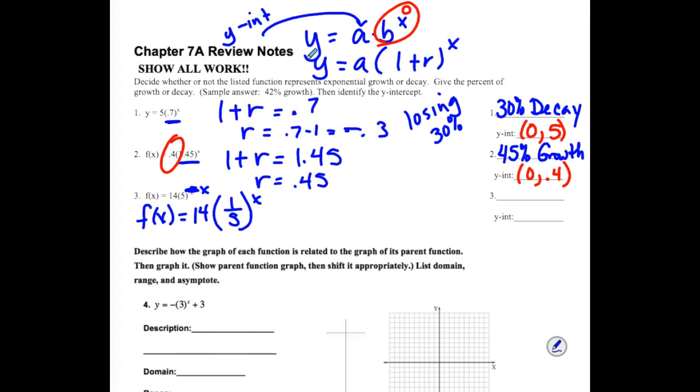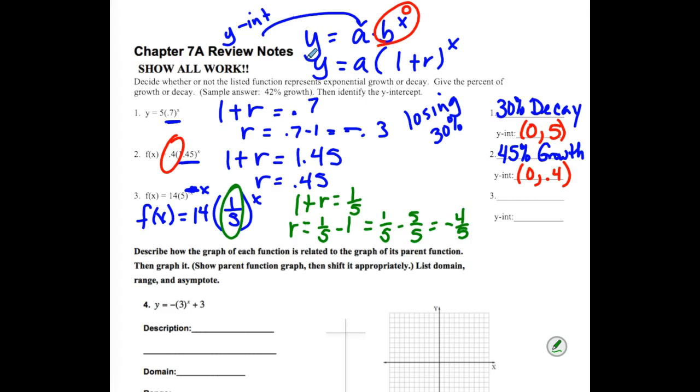All right, looking inside, we are saying 1 plus something gives us 1/5. If we subtract 1 from both sides, 1/5 minus 1, or 5/5, 1/5 minus 5/5 would give us negative 4/5.